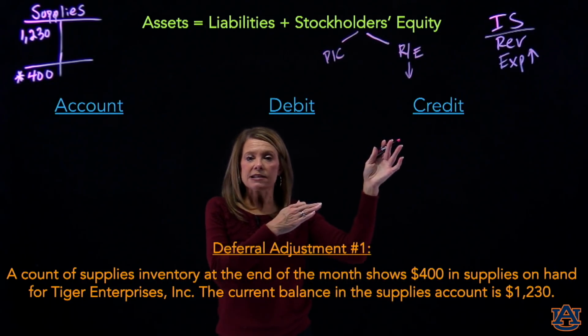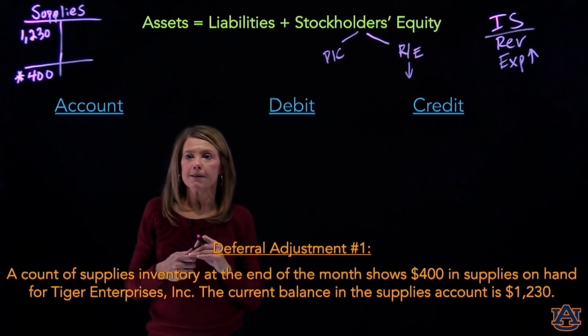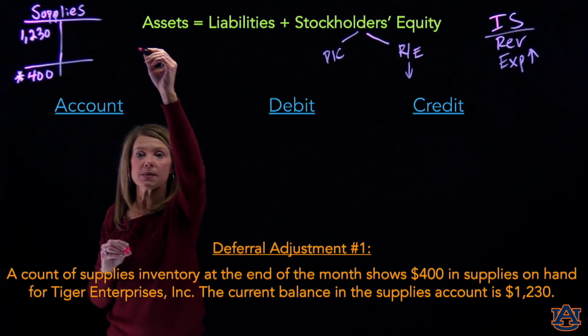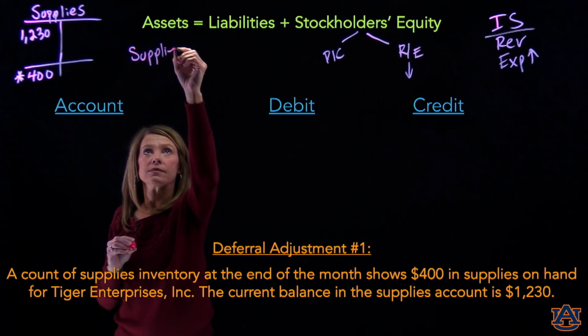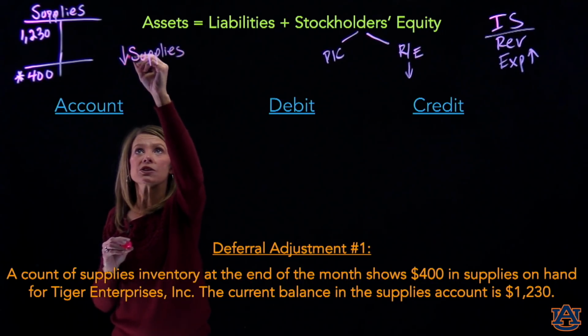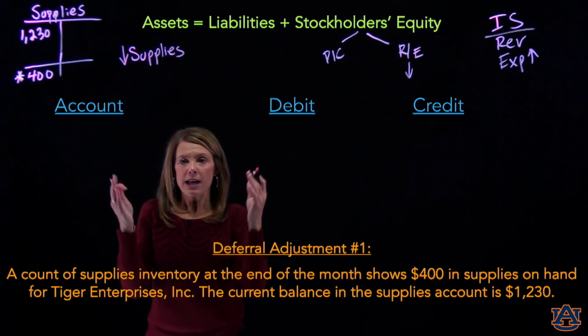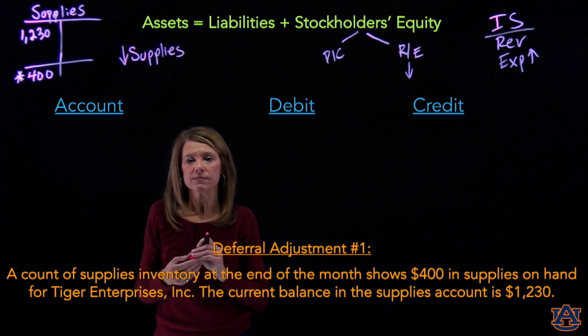So retained earnings is going to come down because we have an expense. And we've looked at the supplies account. Supplies is an asset. We know that supplies as an asset needs to come down.